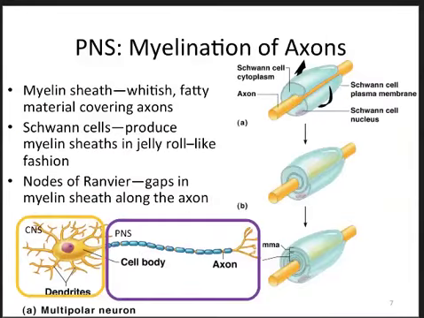If we look at the way that axons become myelinated, in the peripheral nervous system, it's the Schwann cell that does this job, and what it'll do is wrap around the axon in a jelly roll-like fashion and insulate that portion of the axon from the outside environment.